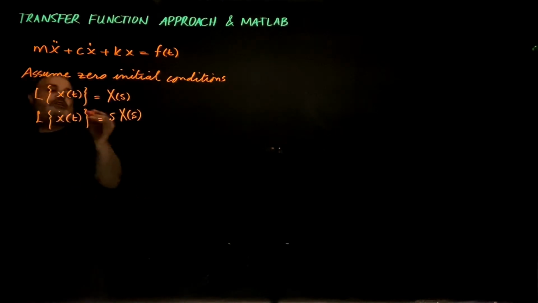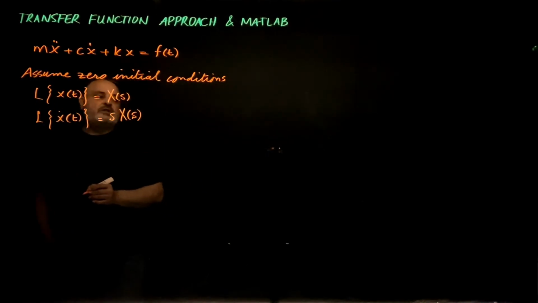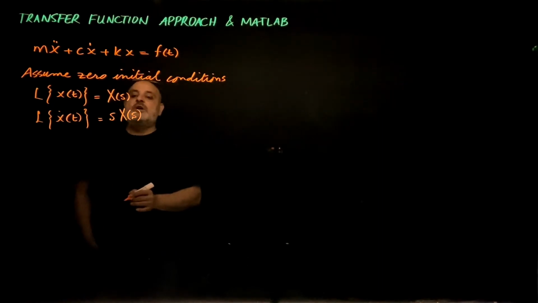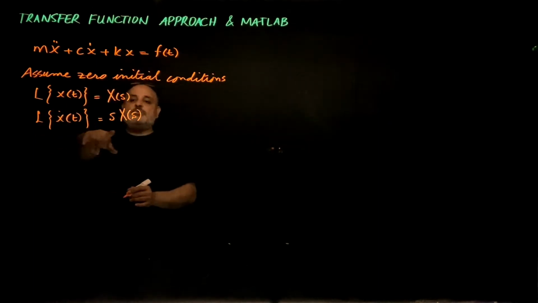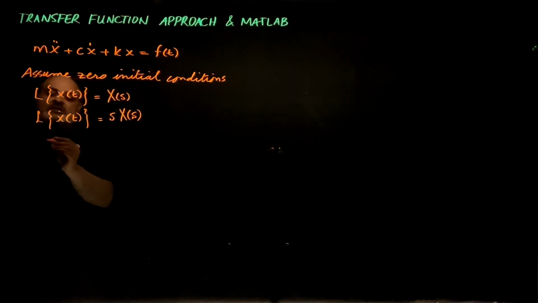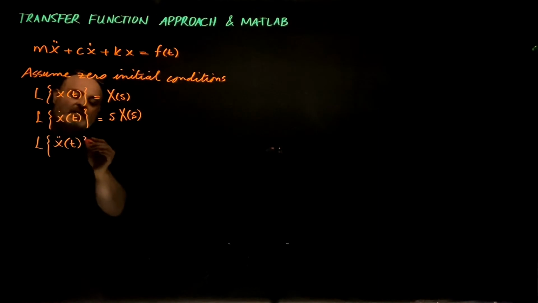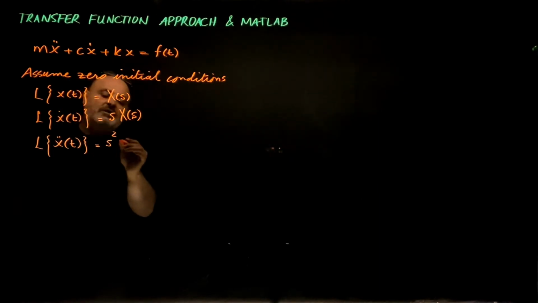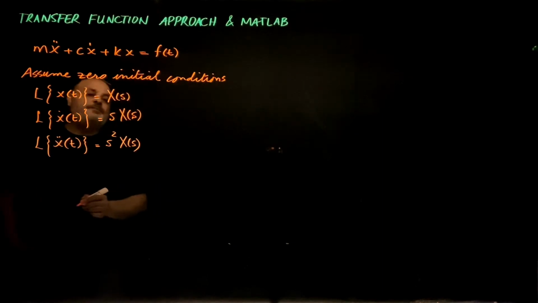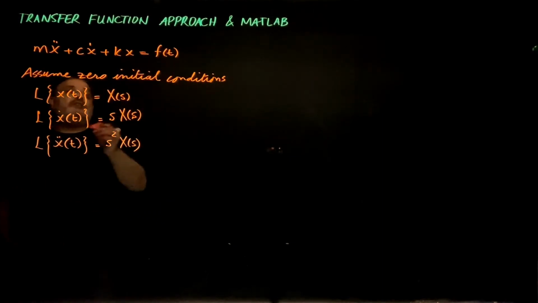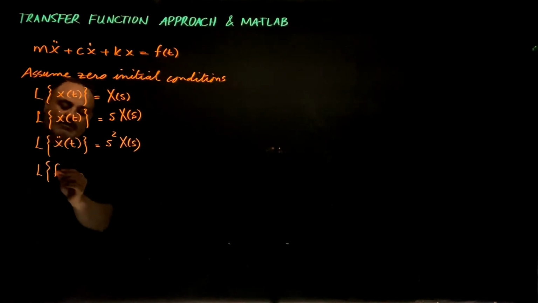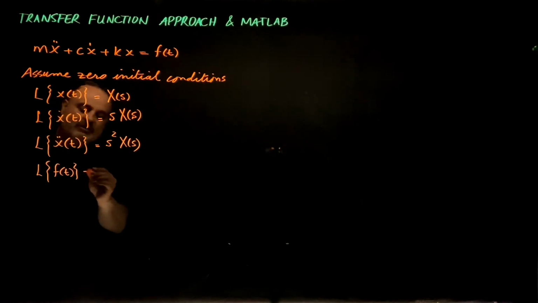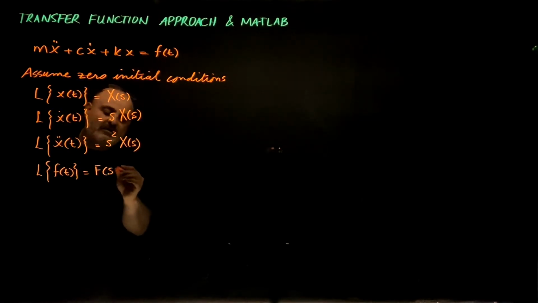Now, generally, there's the initial condition term minus x of 0, but since we assume all initial conditions in the case of transfer functions to be 0, this will be the only term for the first derivative, and for the second derivative, x double dot of t will be s squared x of s. And of course, the Laplace of any function of time is the function itself in the frequency domain, f of s.